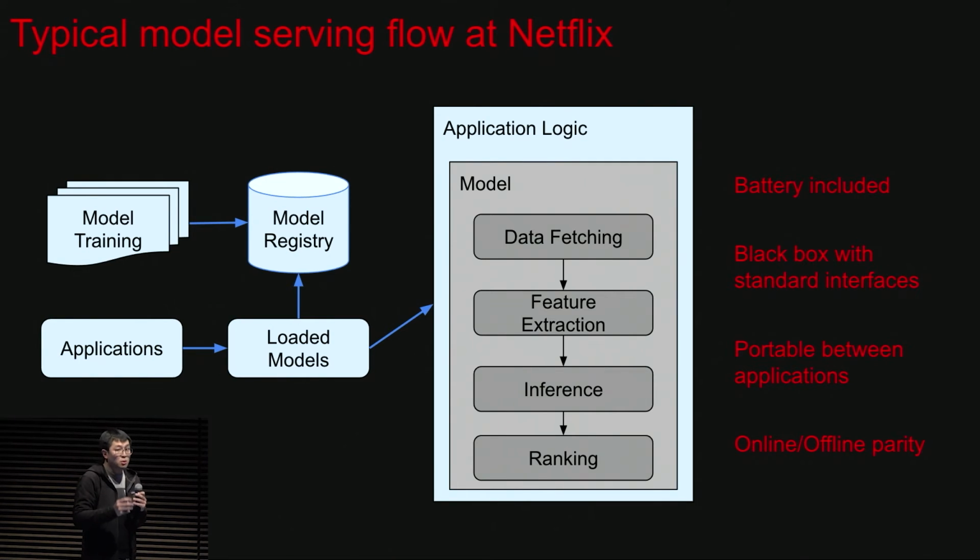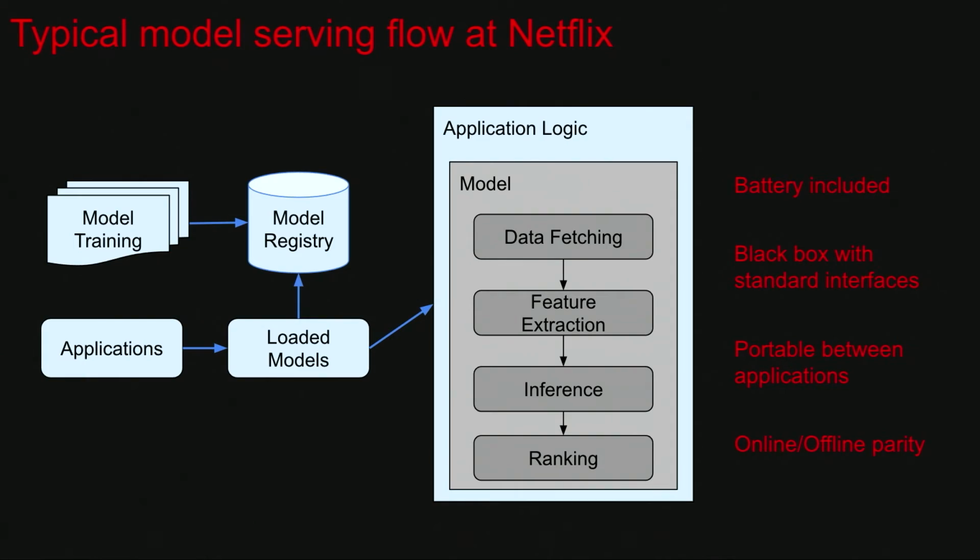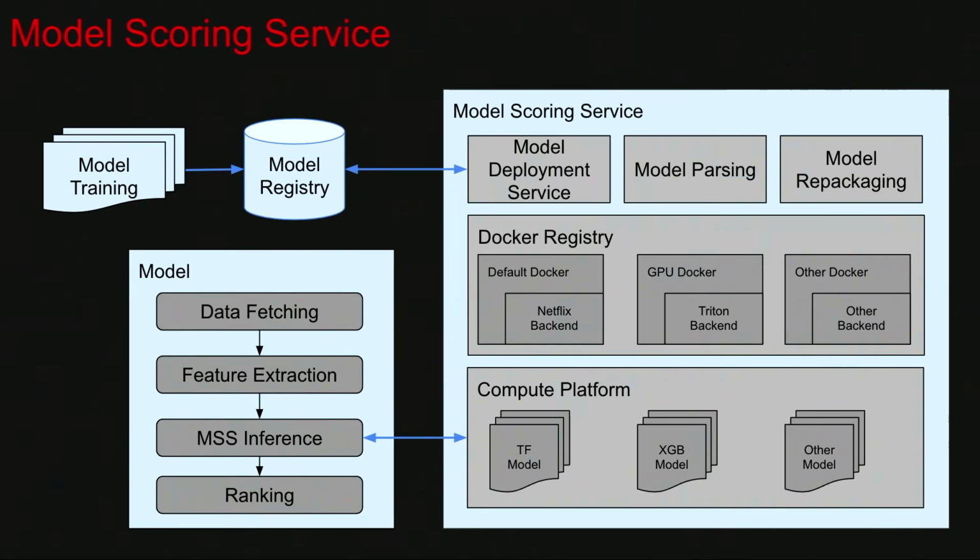Sometimes you do want to separate out the machine learning compute itself because it tends to be very heavyweight. That's why we introduced the model scoring service. We want to extract the model inference into a separate service to completely separate them out.